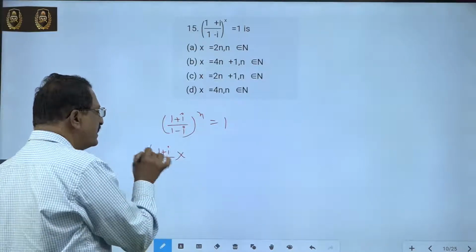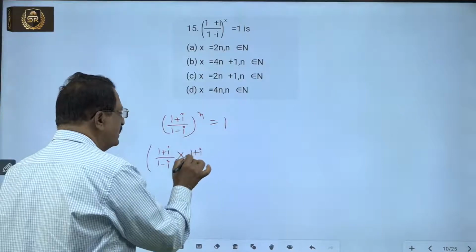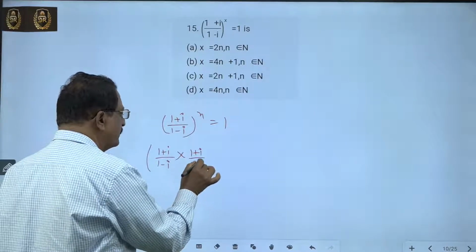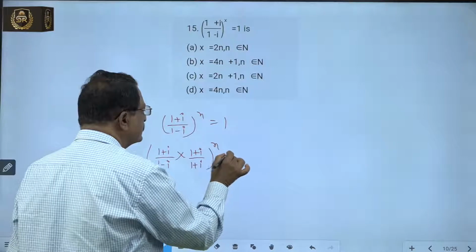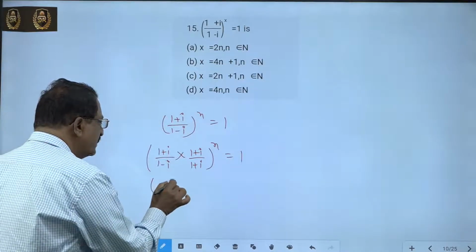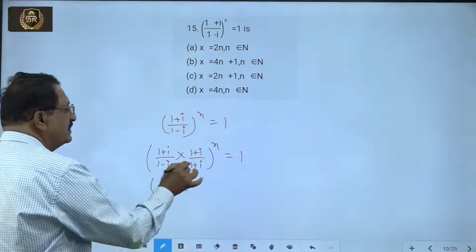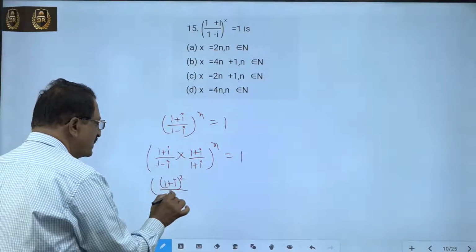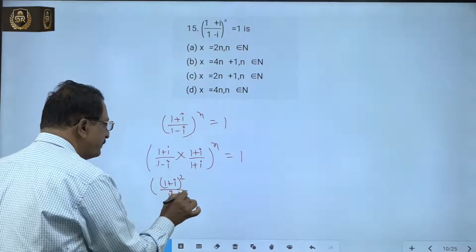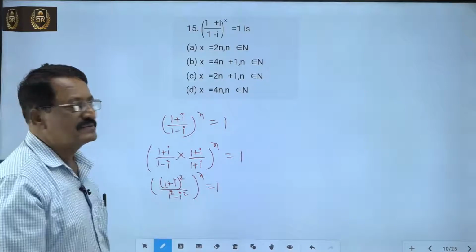Multiply and divide by the denominator conjugate, 1 plus i by 1 plus i, whole to the power of x equals 1. Now numerator 1 plus i whole square, by denominator a minus b into a plus b, a square minus b square, 1 minus i square, whole to the power of x equals 1.